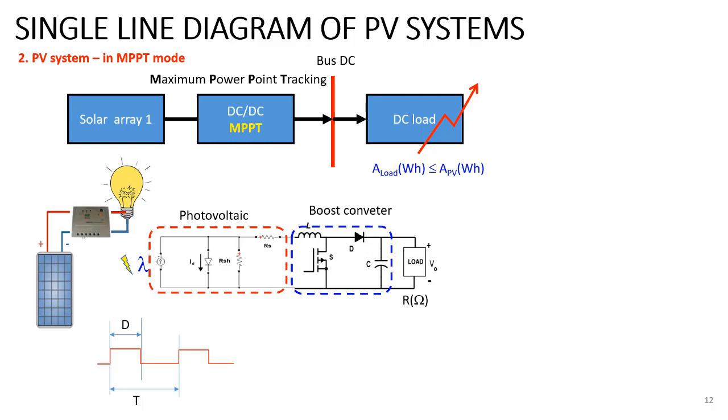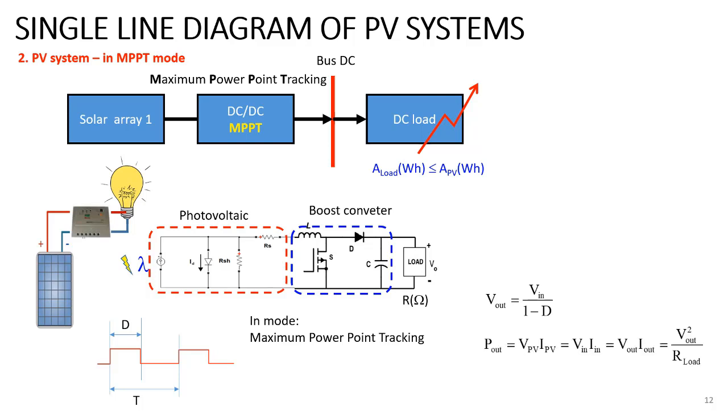Accordingly, we can infer the output voltage Vout of the DC-DC converter by the formula Vout equals DC-DC input voltage Vin divided by 1 minus D. Here we consider the cycle T to be 1. The output power Pout of the DC-DC converter is calculated as here.